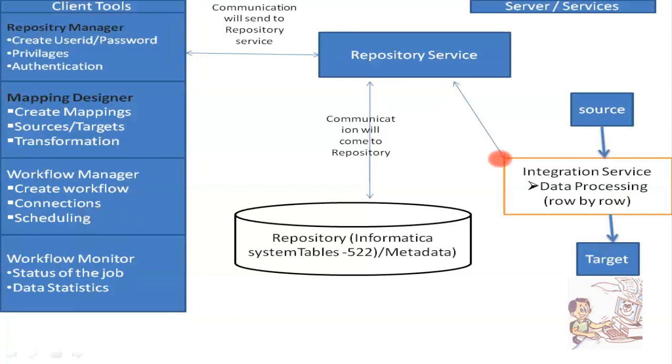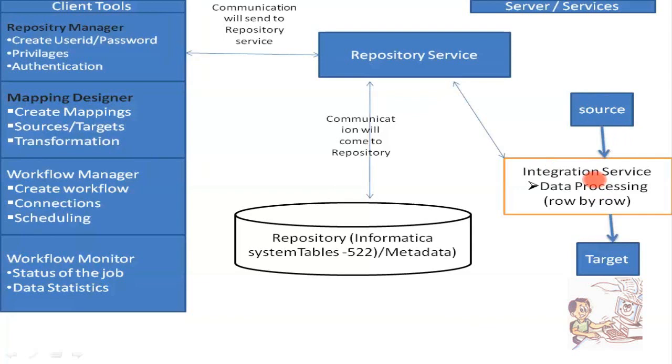When you are starting your job, your integration service will communicate to the repository service and then to the repository. It will take all the code into the integration service. Based on the code, it will generate a query to the source database, select star from EMP. So it will select all the 4 records or 14 records onto the integration service side.